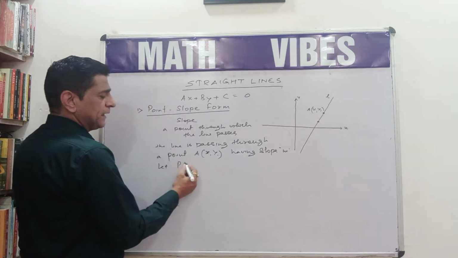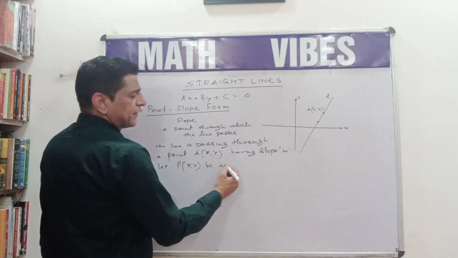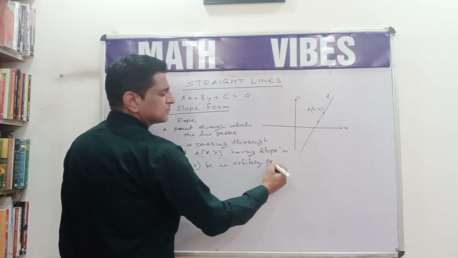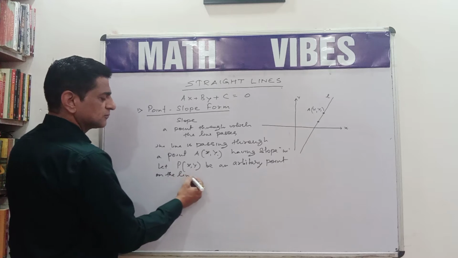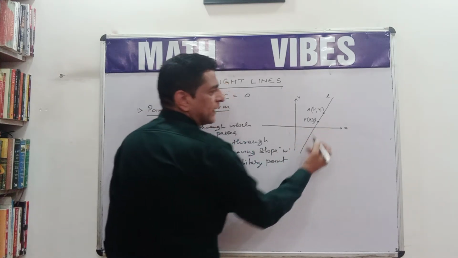Let P (x, y) be an arbitrary point on the line, so this is P with coordinates x, y.